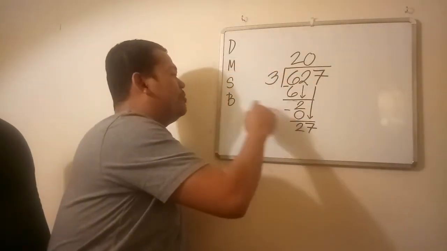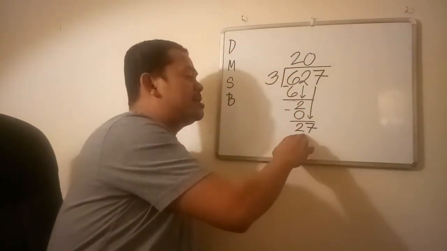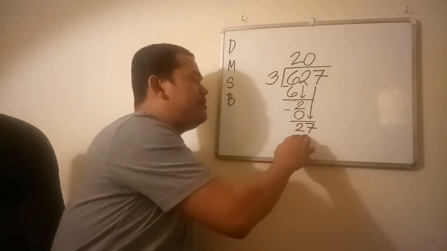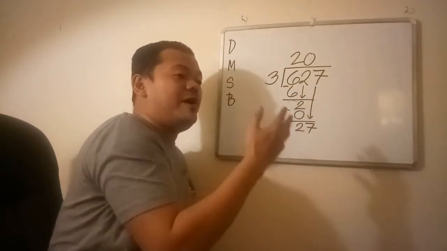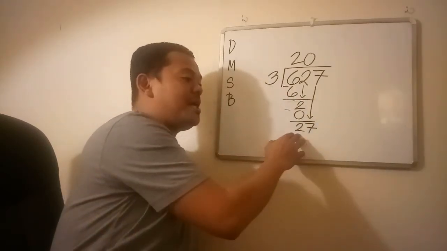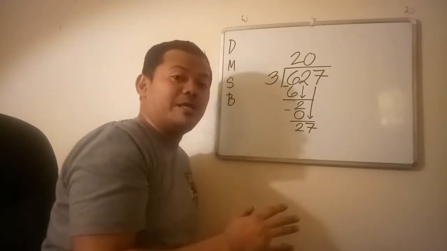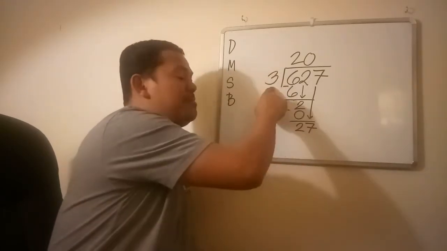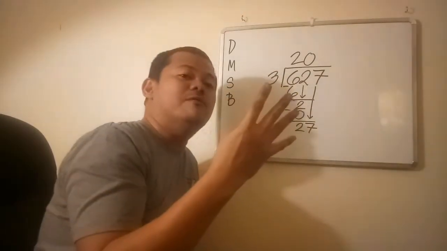After we bring down 7, we go back to division. Let's find out 27 divided by 3 by counting by 3. We're going to find the number nearest to 27, or 27 itself, but not greater than 27. Let's count: 3, 6, 9, 12, 15.